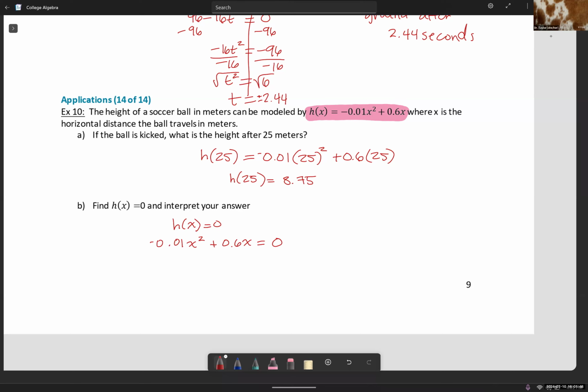So I'm gonna try to factor it real quick. Take this whole thing and multiply it by 100. The reason why I multiplied it by 100, because I don't want them decimals. So if I multiply this first one by 100, it's just gonna be -1. And if I multiply the second one by 100, it's just gonna be 60.